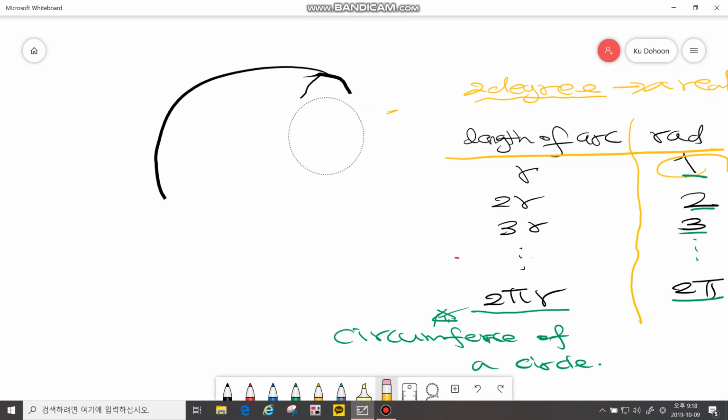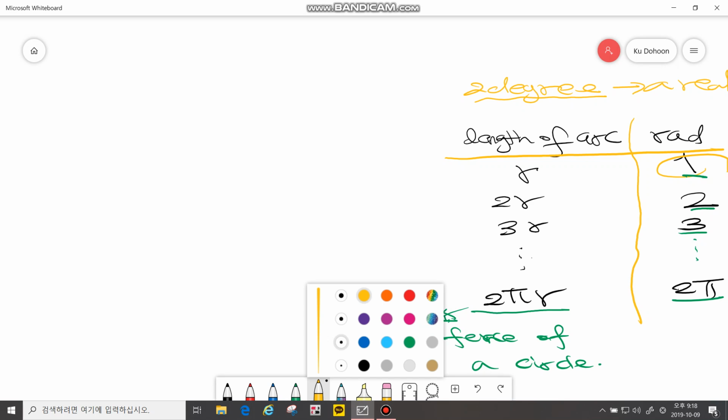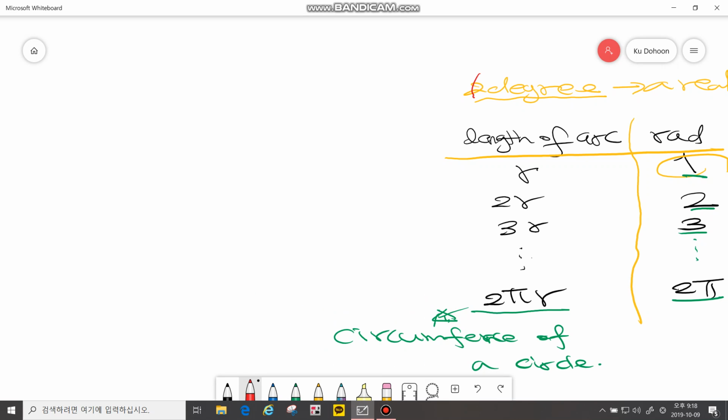Hold on, I have trouble erasing what I wrote down. Like I said, we want to find a way to match a degree to a real number, degree to a real number, radian to what we actually use, right?